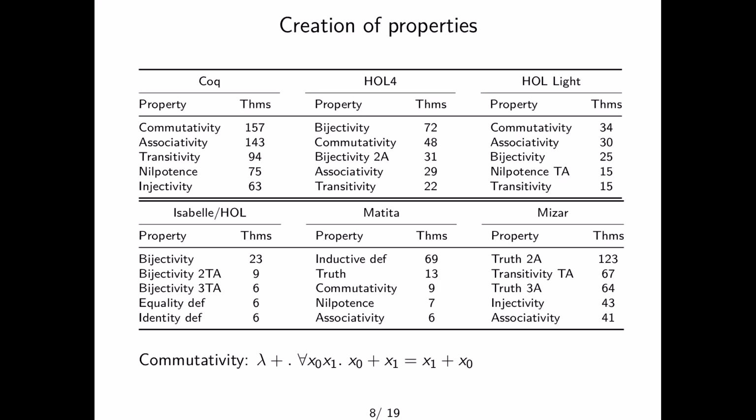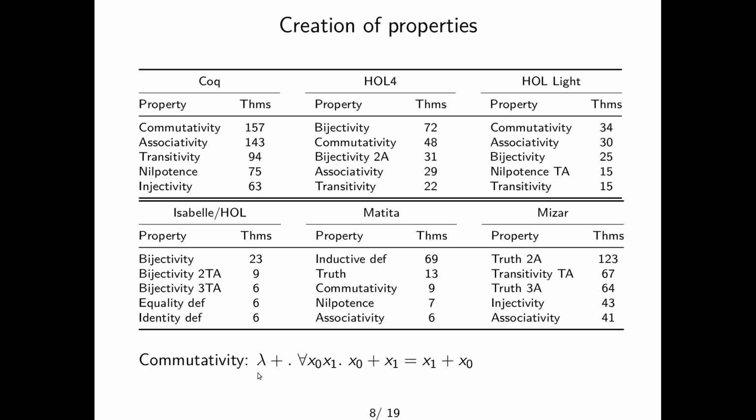We replace some subterm by a constant, which is actually very useful. And we get this list of properties for each library. So you have the 6 libraries, for example, you have 157 theorems, which are instances of the commutativity property.